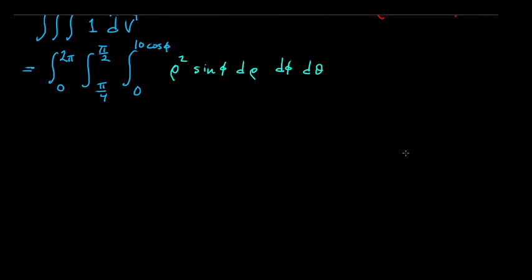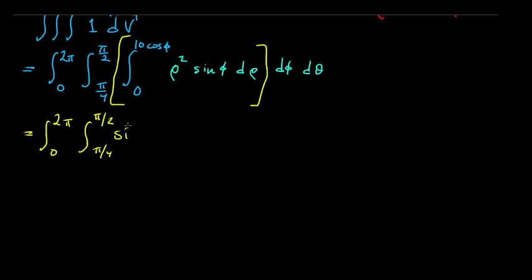Let's do one step at a time. I'll do the inside integral first, which is rho squared sine of phi. When we integrate rho squared, we get 1/3 rho cubed, and our bounds are from rho equals 0 to rho equals 10 cosine phi.